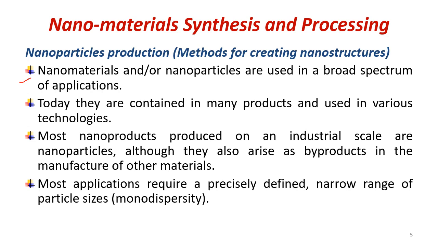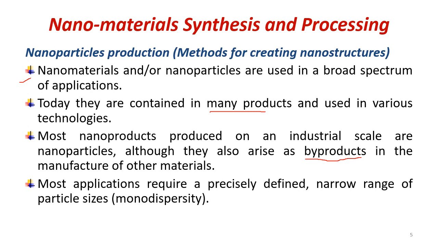There are many products used in technology which are at the nanoscale or nano level, and most of these nano products are produced on an industrial scale. Although these have some advantages, there arise some disadvantages, or there are some byproducts in the manufacturing of these materials.